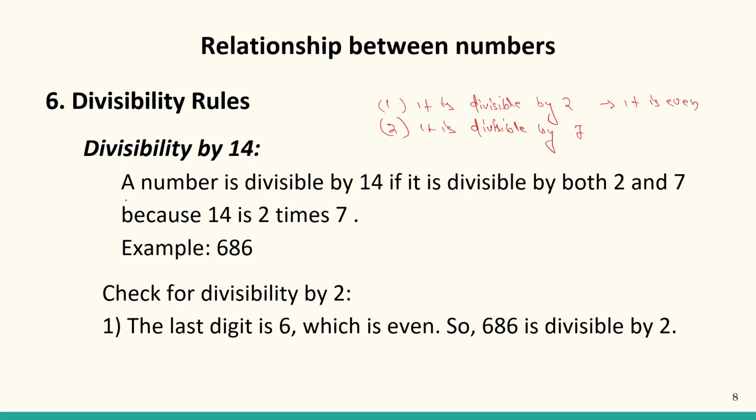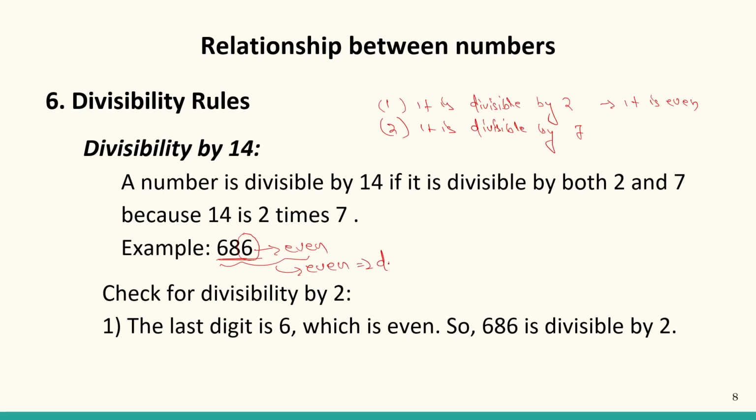So for example, 686 here. In order to check for divisibility by 2, all you need to do is take the last digit and check whether it is even or not. Since 6 is even, the whole thing is even.